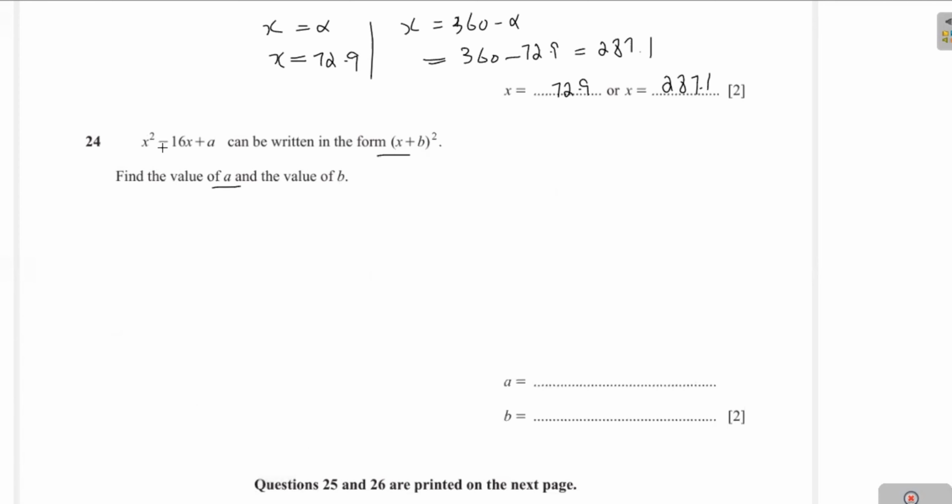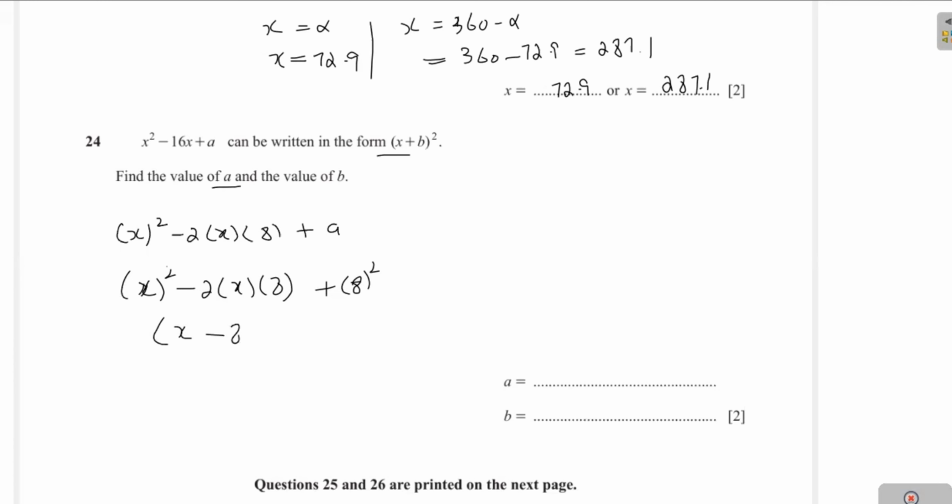Question number 24, x squared minus 16x plus a can be written in the form (x plus b) whole square. We can write this as x squared minus 2 times x into 8 plus a. To convert this expression into the form (x plus b) whole square, we can write a as 8 squared. Therefore, we can write x squared minus 2 into x into 8 plus 8 squared.